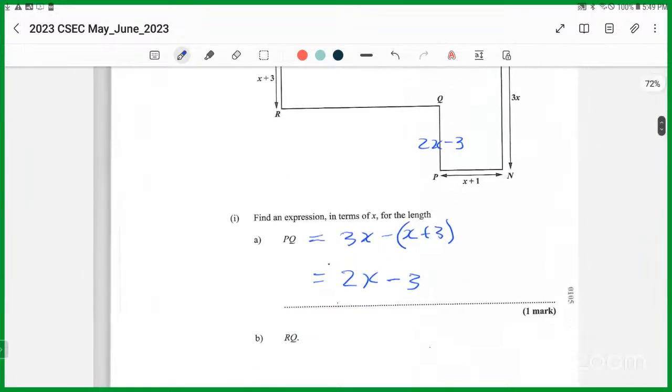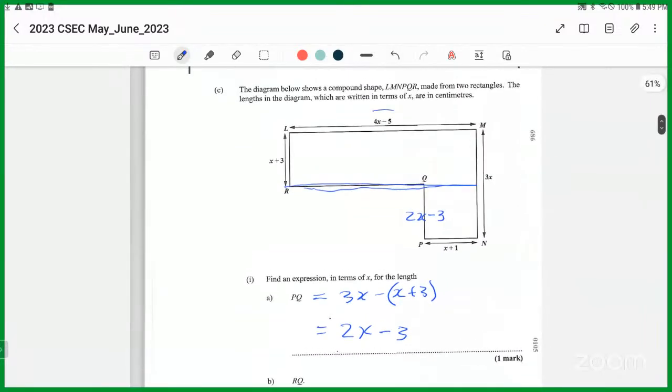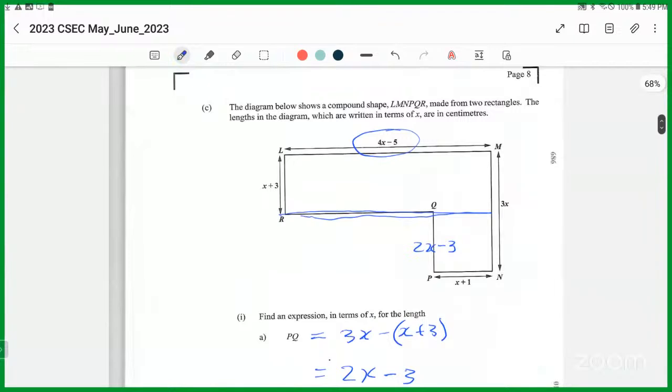The next thing I want us to find is RQ, which is this length. We're going to find it in a similar way. The total length across here is 4x minus 5, and this length right here is x plus 1.